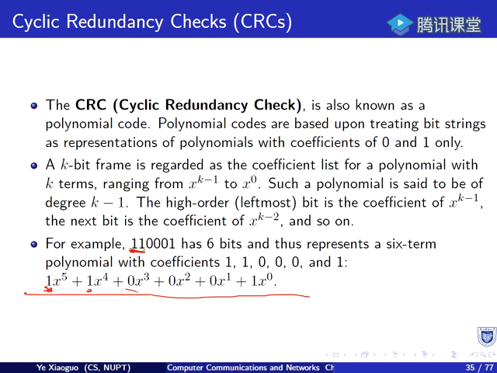And for these terms, the coefficients are 0, 0, 0. And the coefficient 1 represents this last bit 1. So the bit stream corresponds to the polynomial.